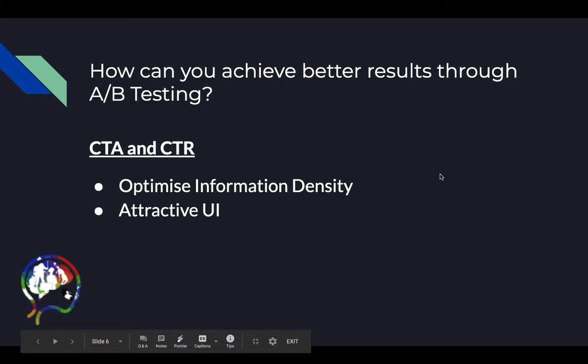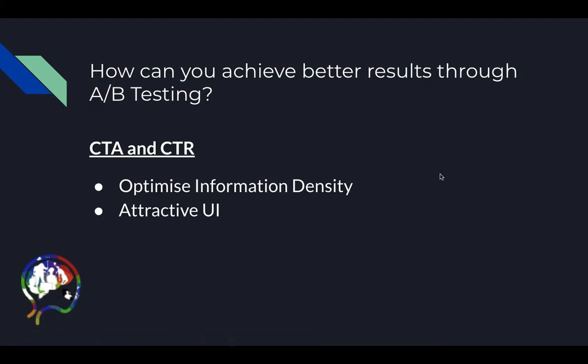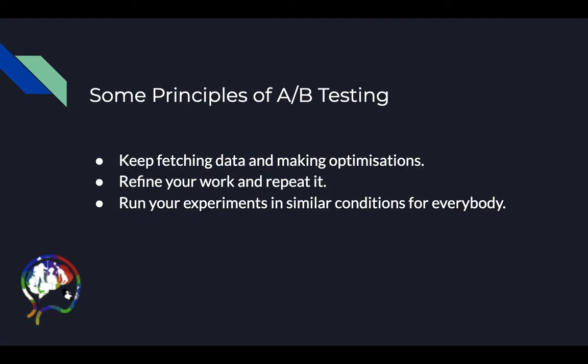Four of them could be on the same screen, and that would also account for a better UI, since your app will actually look good, and obviously the users will be able to interact more without increasing their loading time. This is what optimizing your information density is.